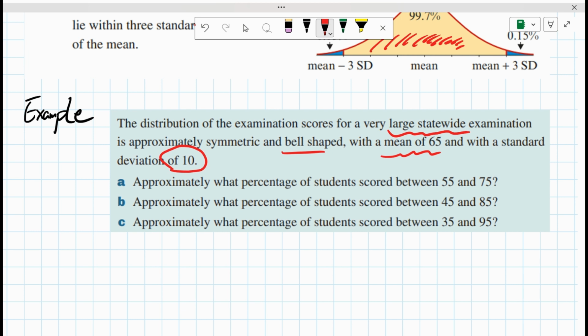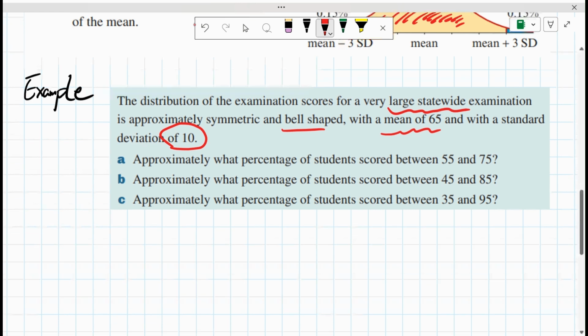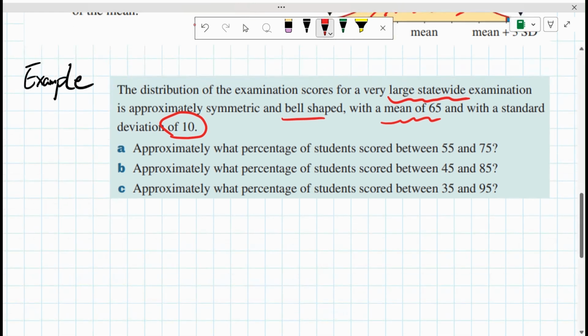We know the mean is 65, so the score below 65, 55, is your first standard deviation.